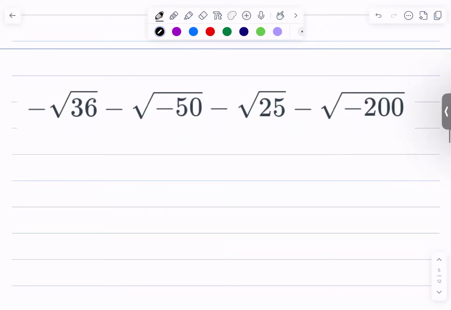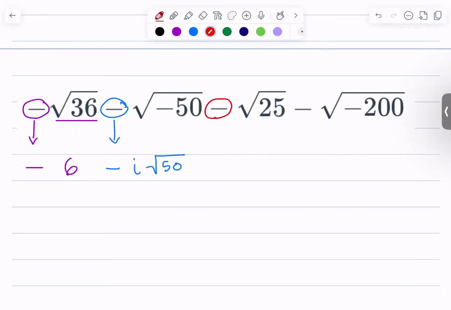This one is a little bit more difficult. So we're going to drop down that negative again. And I see a 36. Square root of 36 is 6. Drop down this negative. Ooh, 50. So I'm just going to leave it as i square root of 50 and deal with that later.